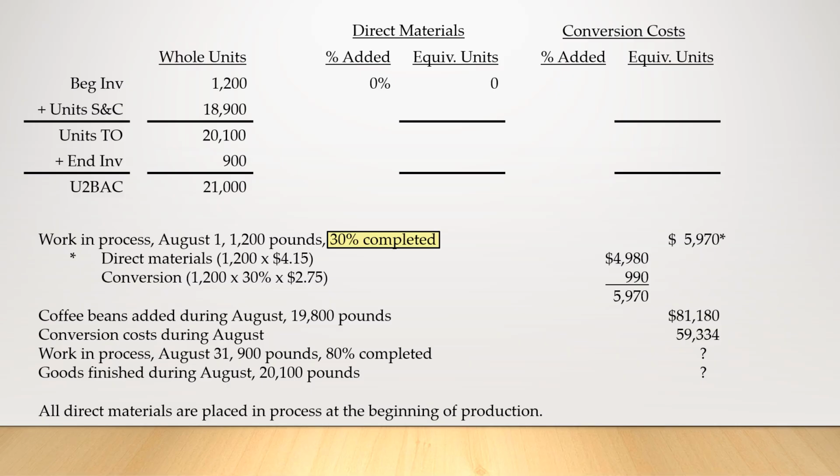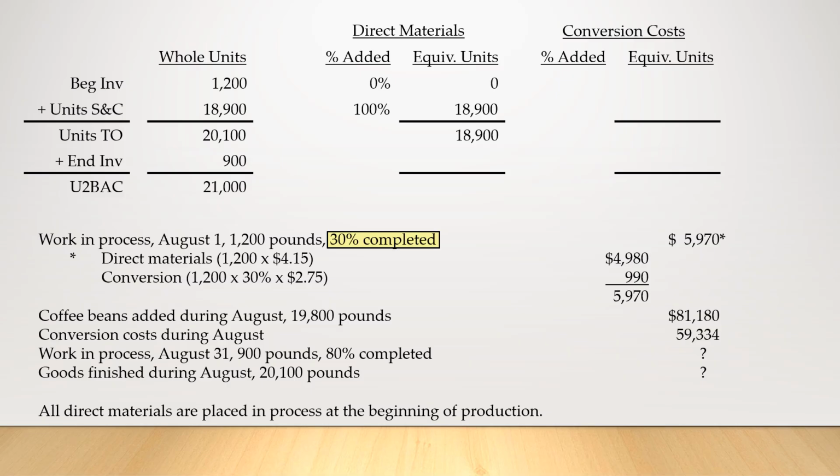For units started and completed, this inventory received all 100% of its materials as soon as it was started this month. Also, that this inventory was completed indicates that all of its materials were added. The total equivalent units of inventory transferred out is 18,900 pounds.